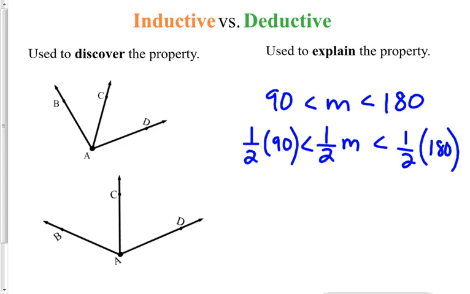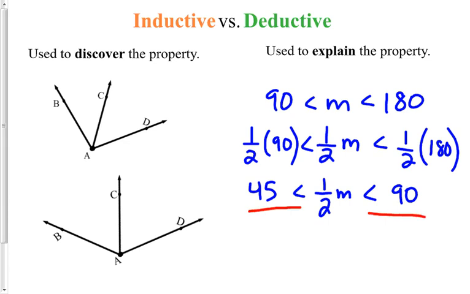Now let's do some simple multiplication. Our measure will now be less than 90 degrees because 1/2 of 180 is 90, and it'll be greater than 45 degrees. Now, by the definition of an acute angle, we know that all angles that have a measure greater than 45 and less than 90 are acute angles.